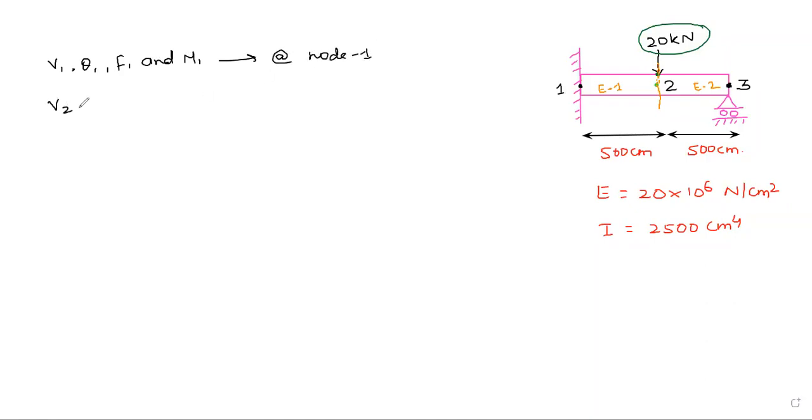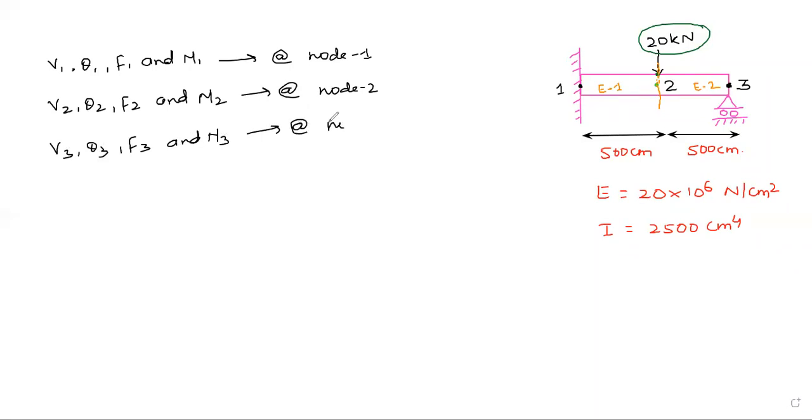Similarly, V2, theta 2, F2, and M2 at node 2. And V3, theta 3, F3, and M3 at node 3. Okay, so we can represent this beam.